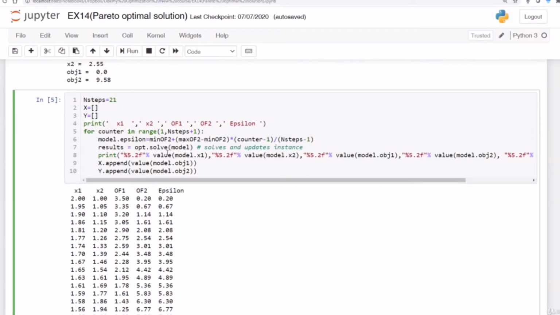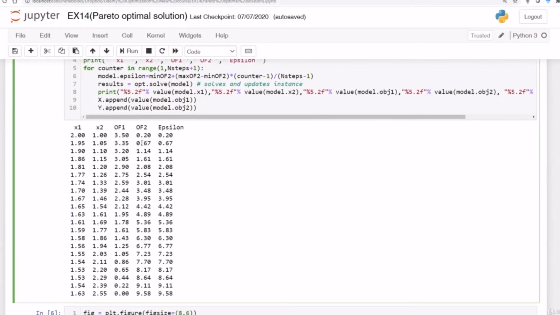In this way, when I solve the problem and optimize it, I can easily find the value for the other objective function. So if you can see here, I am starting from 0.2, and little by little I'm increasing this epsilon, and trying to optimize the other objective function.